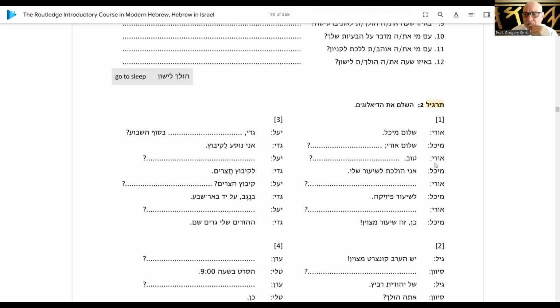So this is blank. Let's go down here a little bit, and this says Ori says Tov, Shalom Ori. The answer is good. So what will we put in there? We could put how are you? Ma shlomka. How about that? Shalom Uri. Ma shlomka. Yeah, how are you?